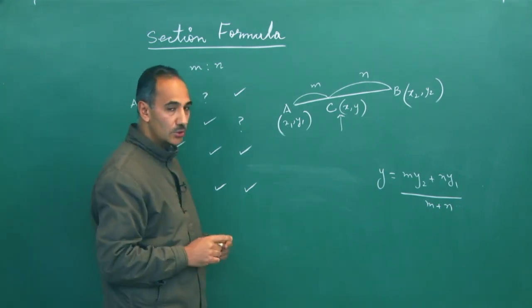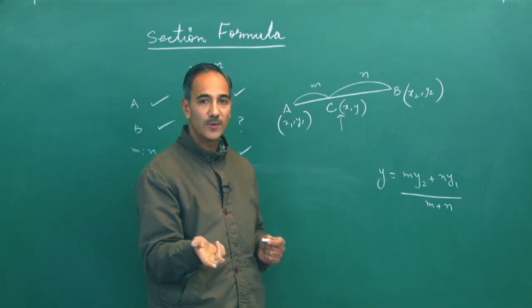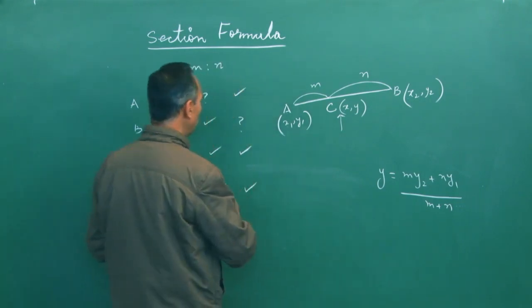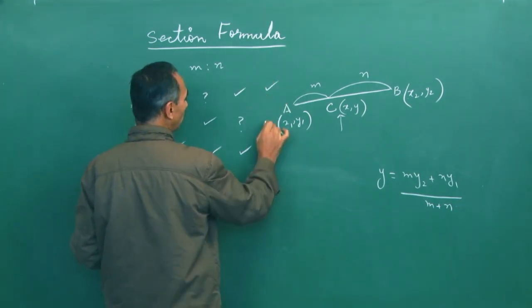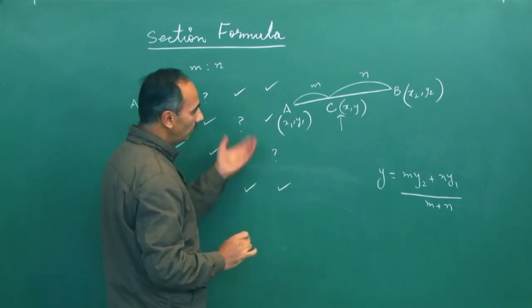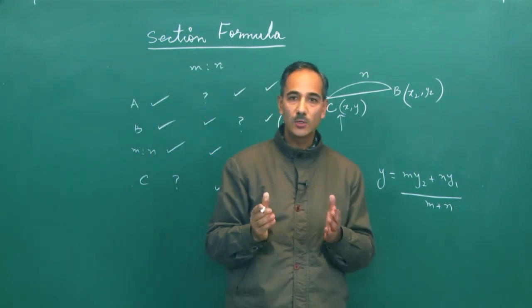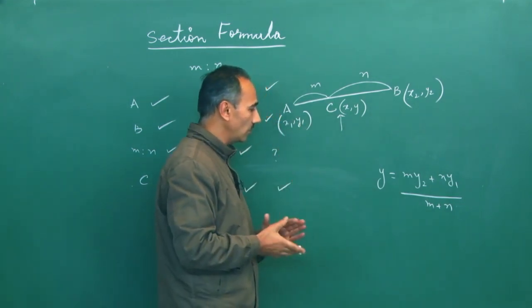And the fourth situation is in which coordinates of A, B and C are given, and you have to find the ratio. There also we use the same formula. So we will use this formula in 4 situations, but out of 4, 3 have to be given.